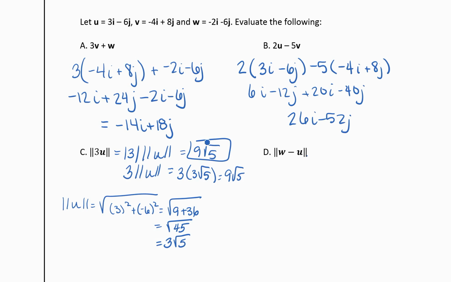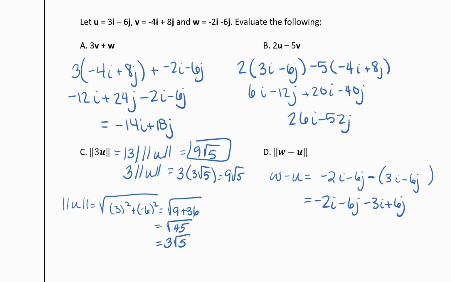Okay, and then this last one, we want the magnitude of w minus u. So the first thing we're going to do is find w minus u. So that will be negative 2i minus 6j, minus, in parentheses, u, 3i minus 6j. So negative 2i minus 6j minus 3i plus 6j.